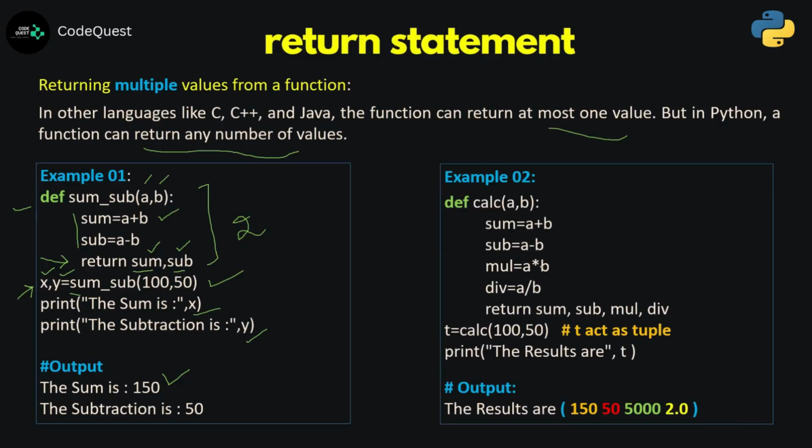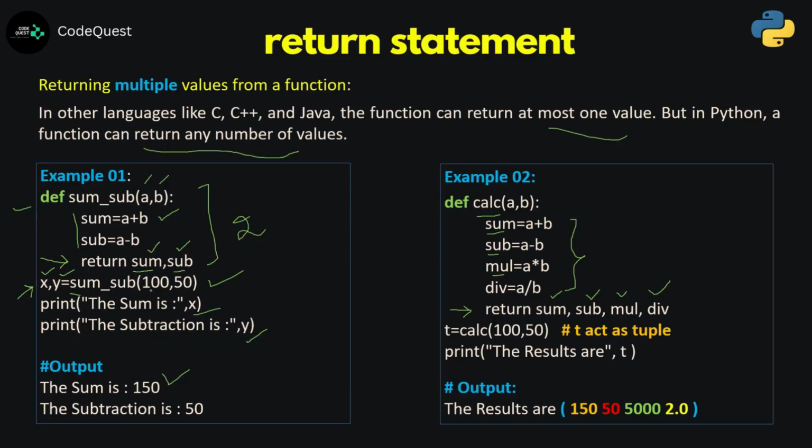Let's see an example. Here I'm defining a function, let's say sum_calc, taking two parameters. From this we understand we are calculating the sum, difference, multiplication and division. So four different variables have been used to hold the respective results. Now the last statement, the return statement, has how many values? 1, 2, 3 and 4.